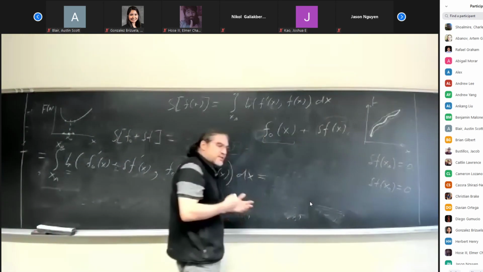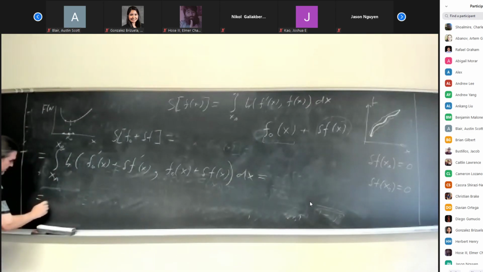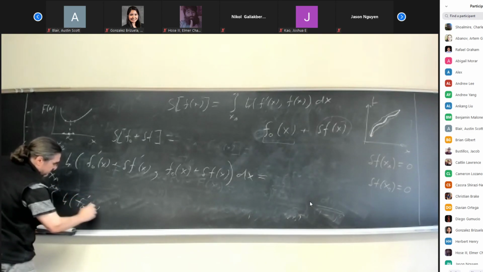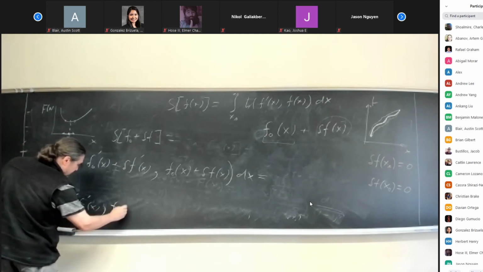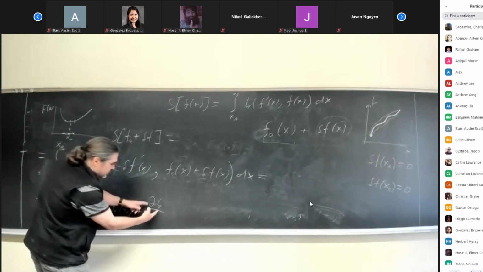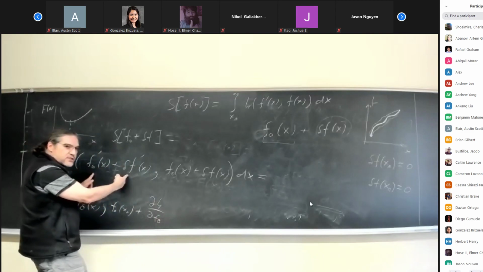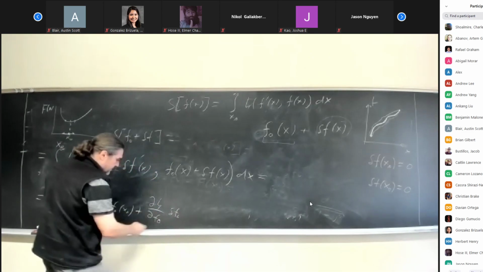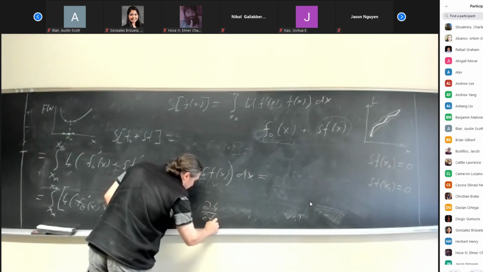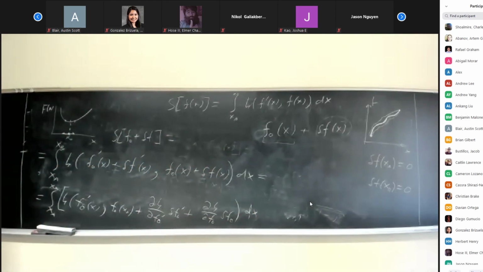So when I shift the arguments just a little bit, I can use Taylor expansion or differential, if you want, to write the following: this equals the integral from xa to xb of L of f naught of x, f naught prime of x, plus dL over df naught, differentiating the function with respect to the first argument, times delta f, plus dL over df naught prime times delta f prime, and I need to integrate it over dx.